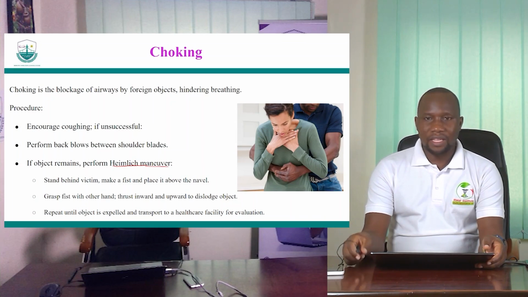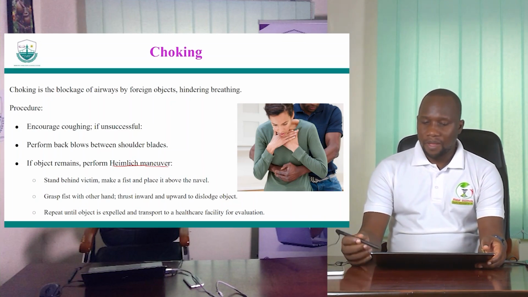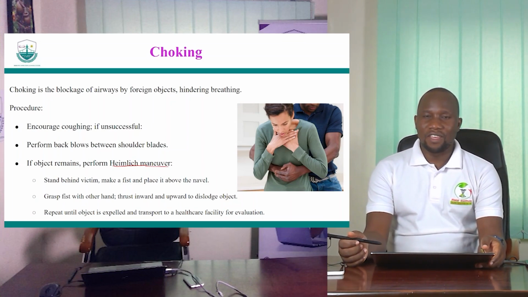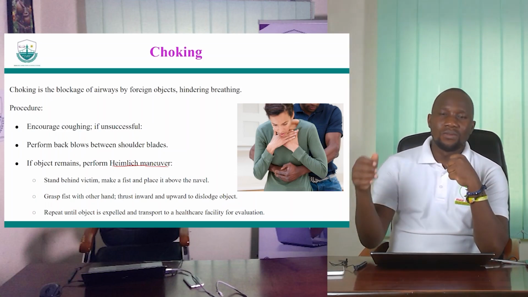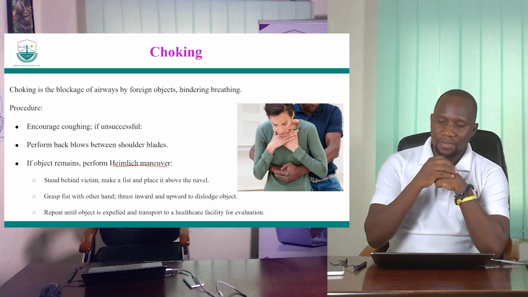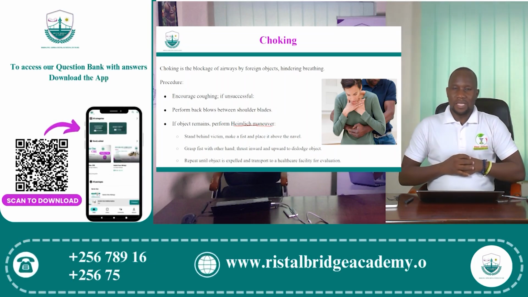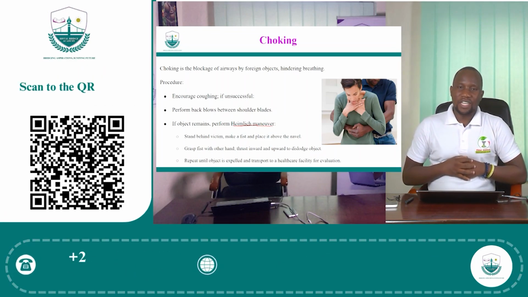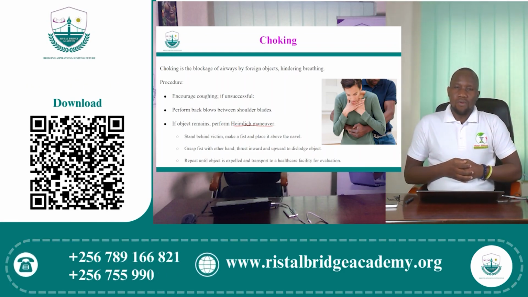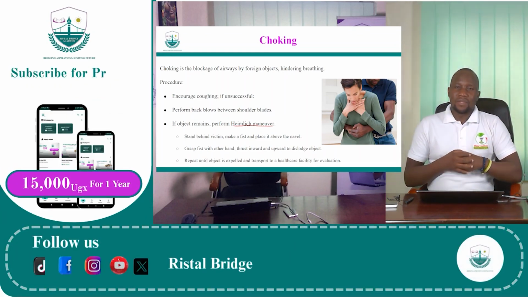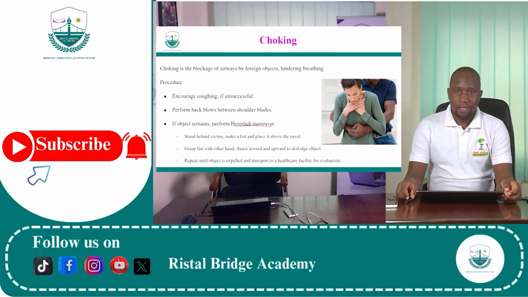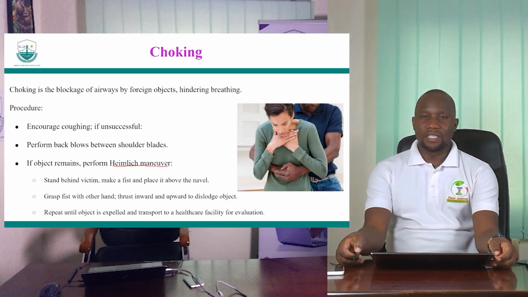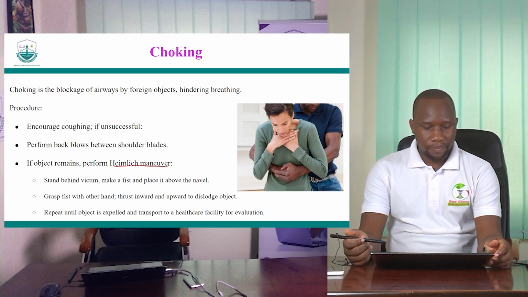The Heimlich maneuver is a simple procedure, just like what you see here. The person performing the procedure is the one behind. So you stand behind the victim and then make a fist, and then use one hand to hold the fist around the person's just below the thorax, and then you pull inwards and upwards to make sure that the foreign object can be dislodged.